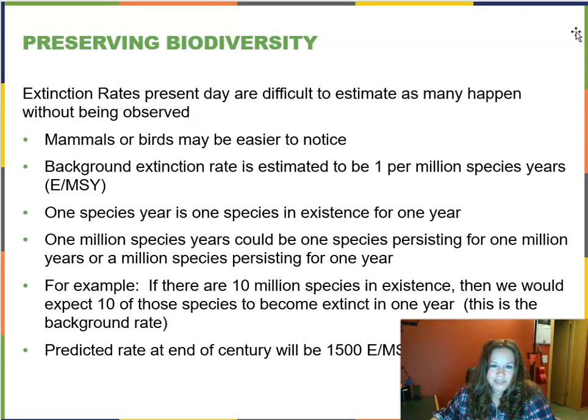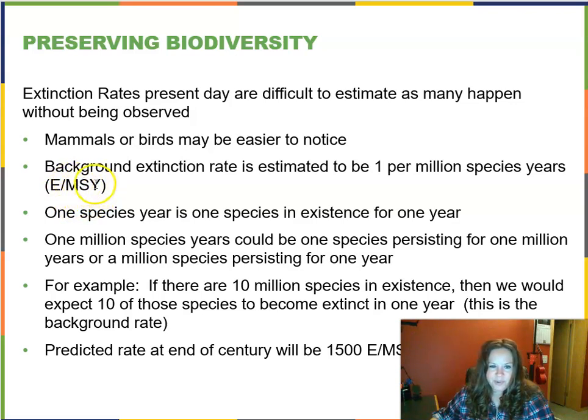Extinction rates at the present day are difficult to estimate, as many happen without being observed. We tend to notice the big mammals or the birds, but it's the smaller things like insects, amphibians, fungi, and bacteria that we don't notice. The background extinction rate is estimated to be 1 per million species years, E/MSY, million species years.